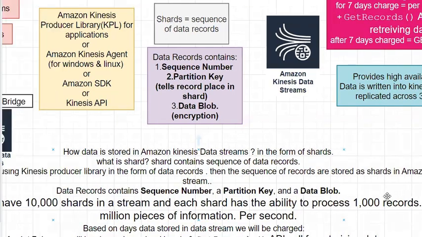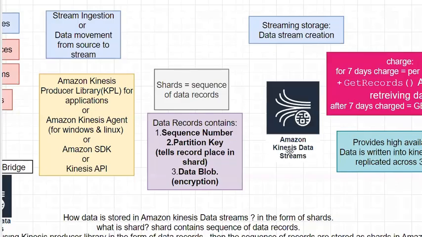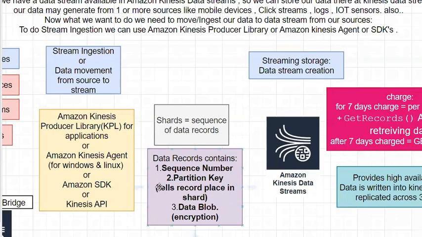So what does a record contain? A record contains these 3 things: sequence number, partition key, and blob data. So how is your record inserted among multiple shards? Does your stream contain only a single shard? No. However many shards you create, those many shards it has.